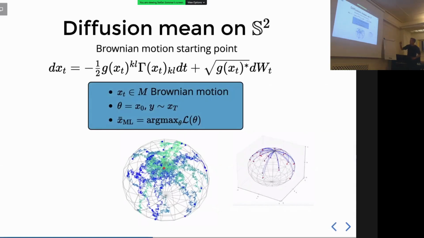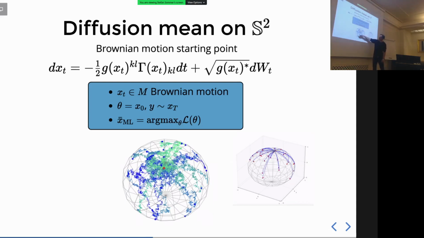Just one more example to get the point. You have a starting point on the manifold, run the Brownian motion, and then you have your data points, and you maximize the likelihood, so that's finding the most probable starting point of the Brownian motion.